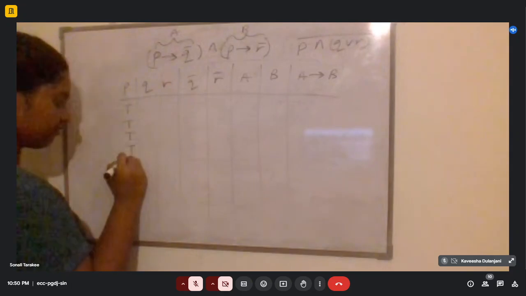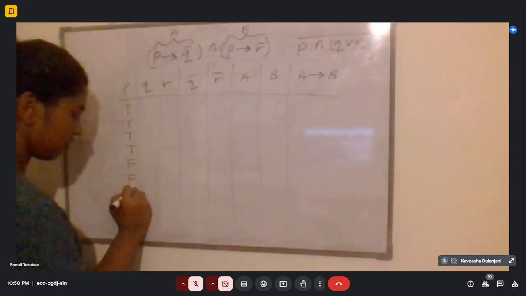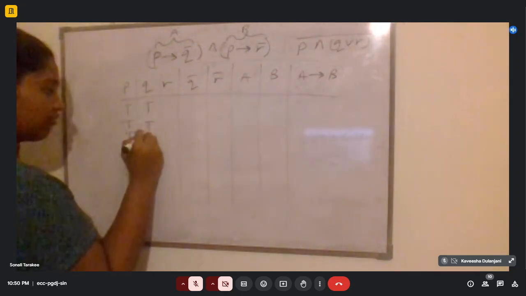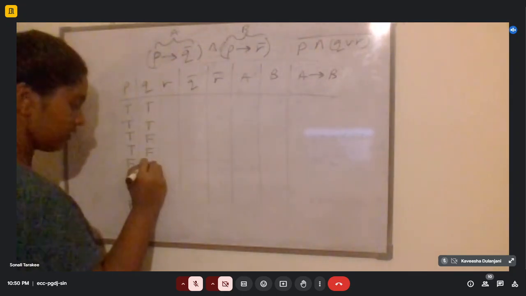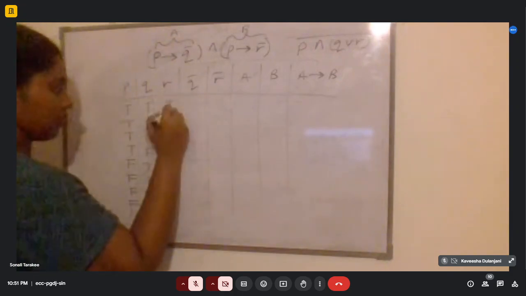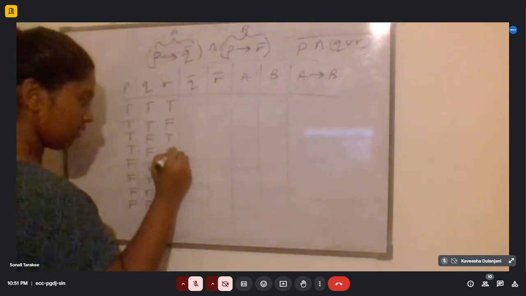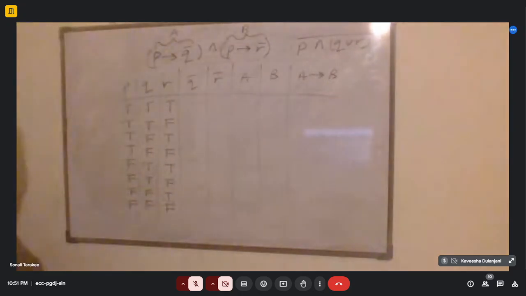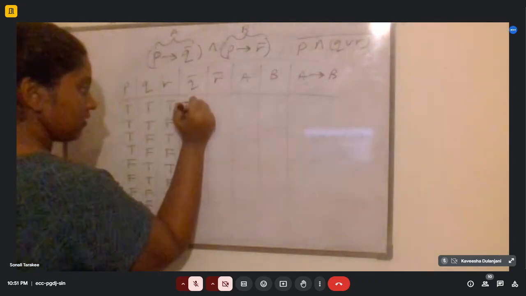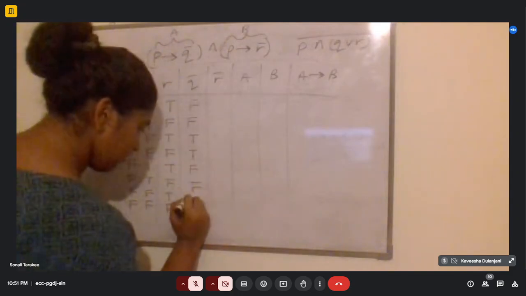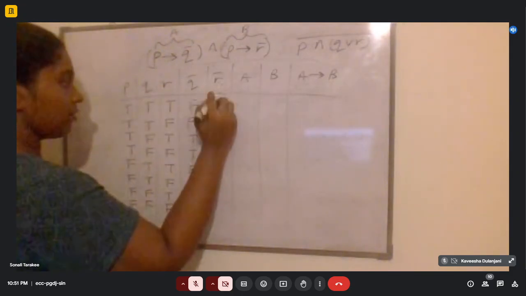True, true, true, false, false, false. Then true, false, like this. Now Q bar means the opposite of this. That means false, false.